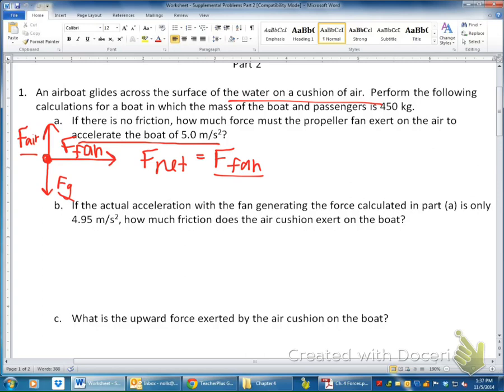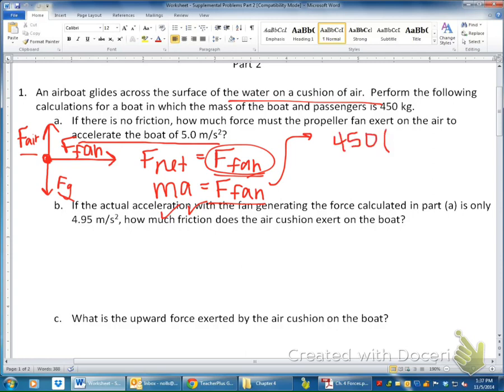All right? So then we can start doing our substitutions. We know F net is also equal to mass times acceleration. We want to find the force of the fan here, so we don't substitute anything for that because that's what we want to find. So we go back to our problem and we know we're given the mass and we're given the acceleration. So I'm going to move my equation up here. Our mass is 450.